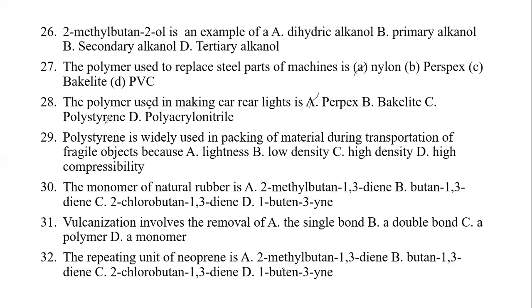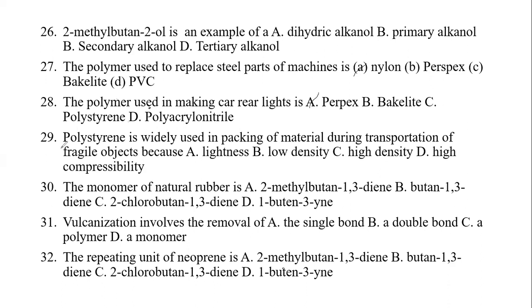Polyacrylonitrile is used in making clothes, like artificial wool. So perspex is used for making carrier lights, and PVC is used for making pipe.